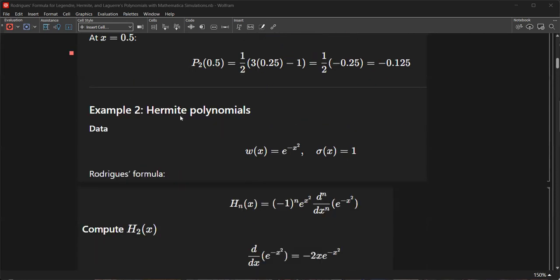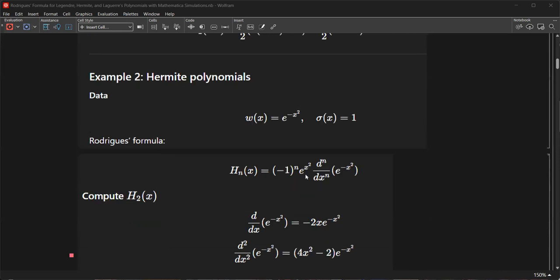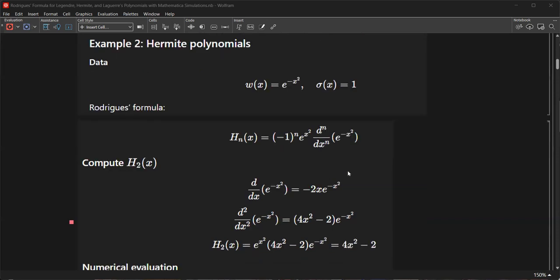We have another interesting family, the Hermite polynomials. For example, our given W of x is e to the negative x squared and sigma of x equal to 1. So this is the Rodrigues formula for the Hermite polynomials: negative 1 raised to the n, e to the x squared times the nth derivative of e to the negative x squared.